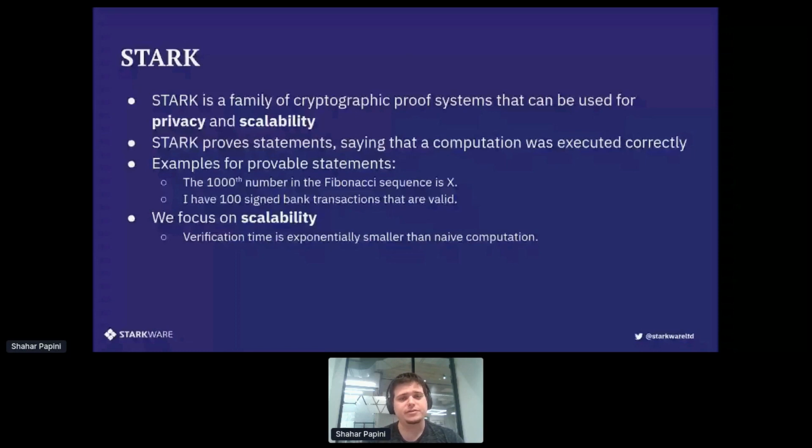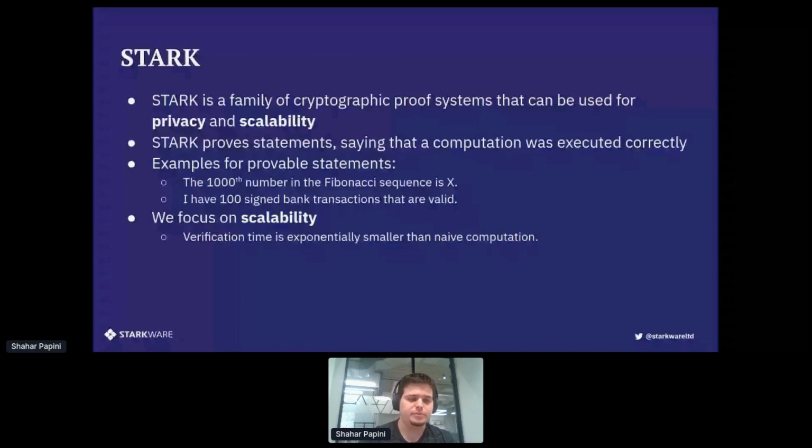Stark is a family of cryptographic proof systems that can be used for both privacy and scalability. Stark proves statements. These statements are about some computation, that a computation was executed correctly. A few examples of statements we can prove. For example, the 1000th number in the Fibonacci sequence is some specific number.